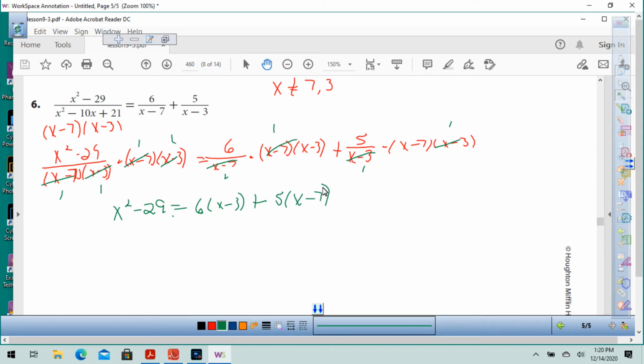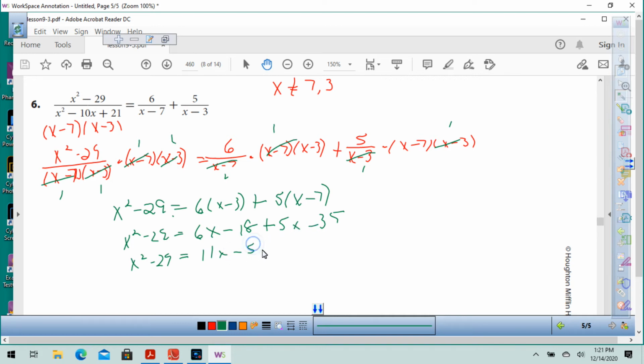All right, so what do we got? We got x squared minus 29 equals 6x minus 18 plus 5x minus 35. So I got x squared minus 29 equals 6x and 5x is 11x. 18 and 35, that's 53.